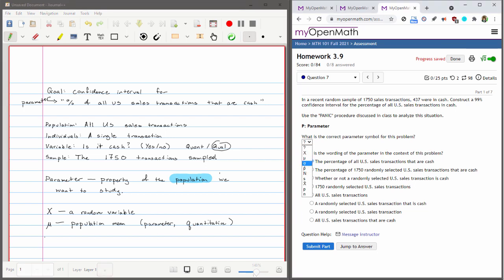Sigma, this O-shaped thing, is the population standard deviation. Again, that's a parameter, but we can only take the standard deviation of something that's a number, something quantitative.